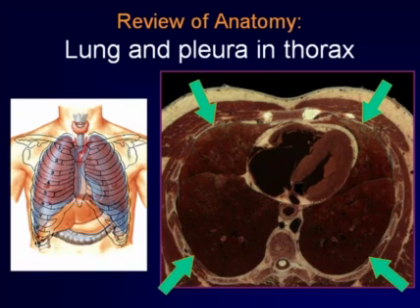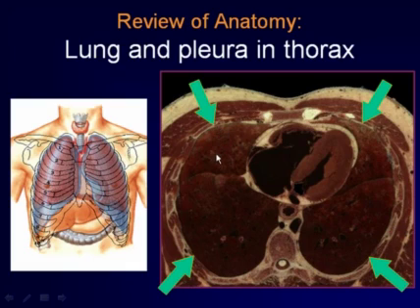And here's an anatomic schematic of this, showing the two layers, the visceral and parietal pleura, intimately opposed and obviously only separated by a potential space in a normal healthy person.